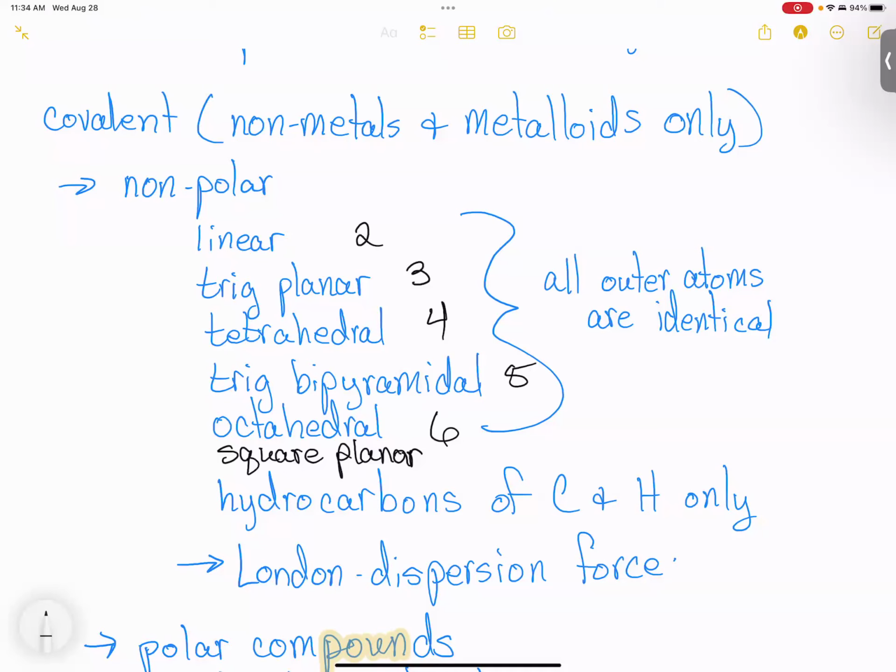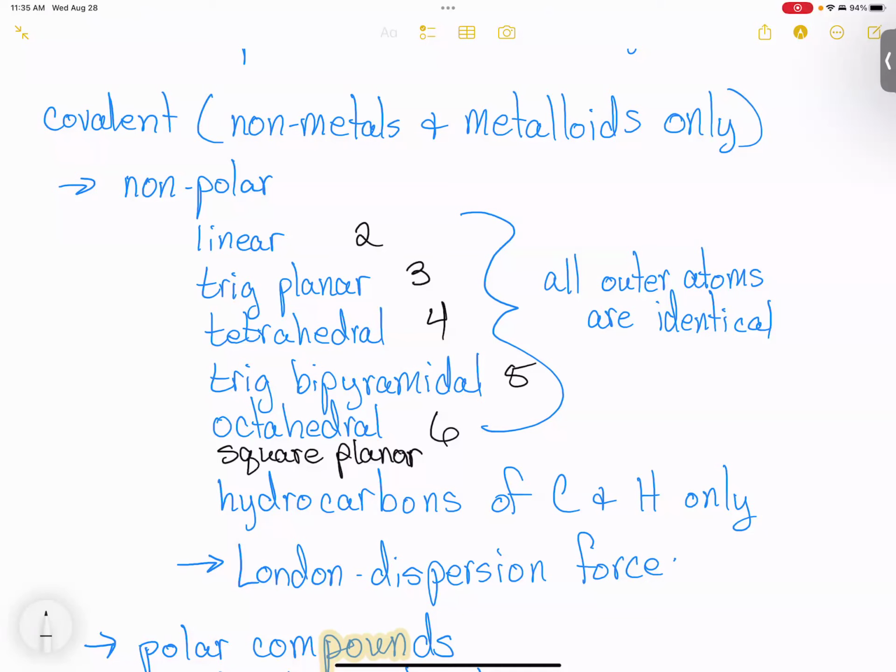I just wanted to specify, hydrocarbon is a way of identifying molecules. The term hydrocarbon is used anytime the majority of the elements are carbon and hydrogen.